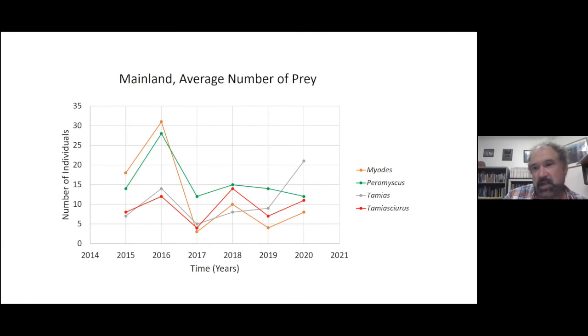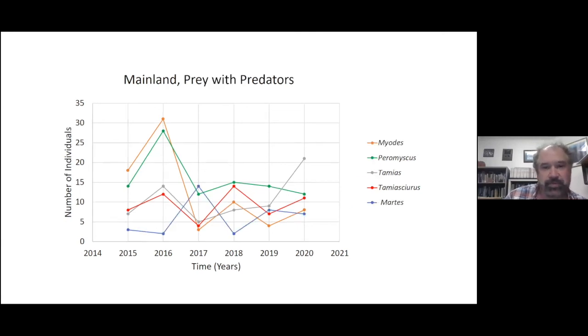And we'll see if that continues as we go into the future. Also, up until 2017, my guess was that a large number of the small mammals here were driving this increase in the pine martens. And I'll talk about that more in just a few moments.